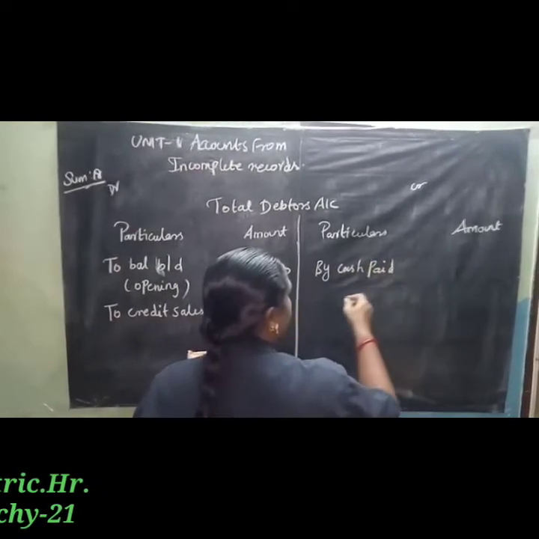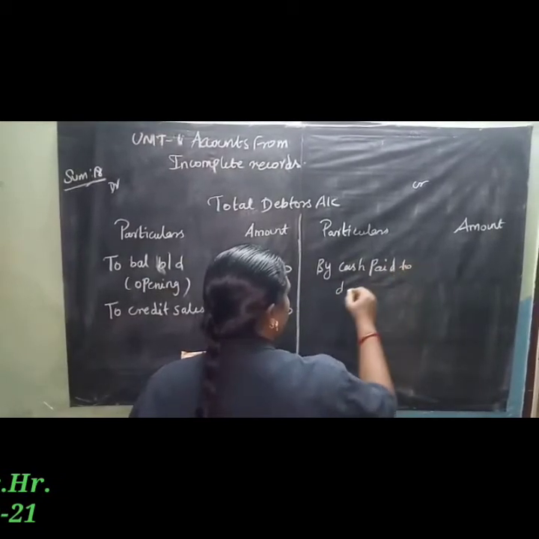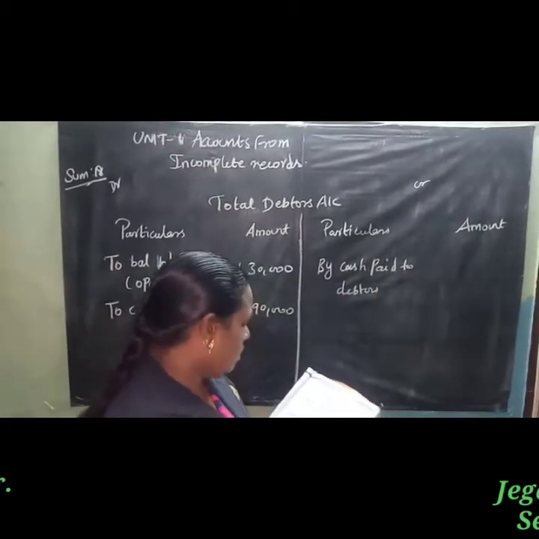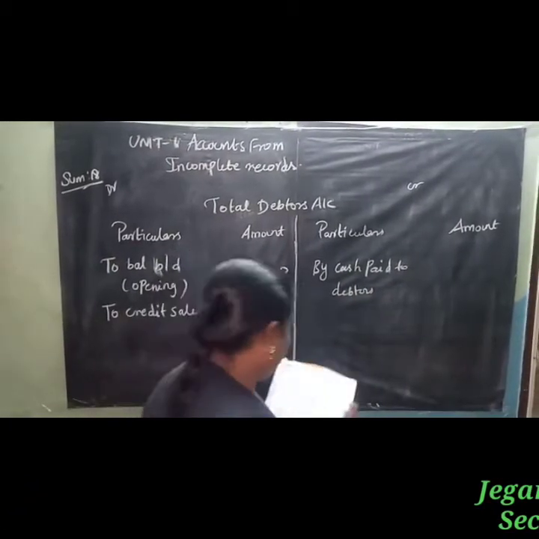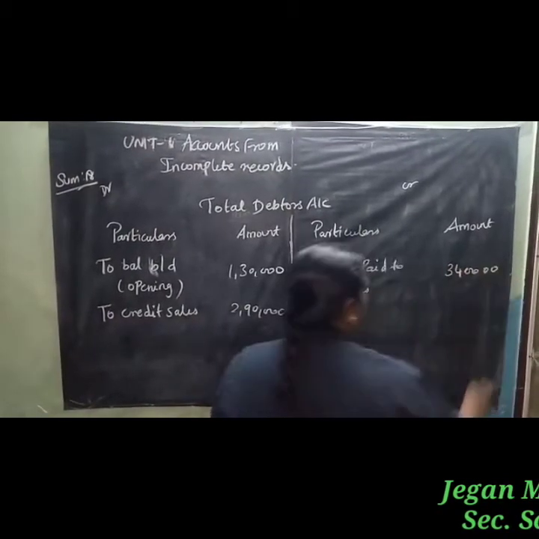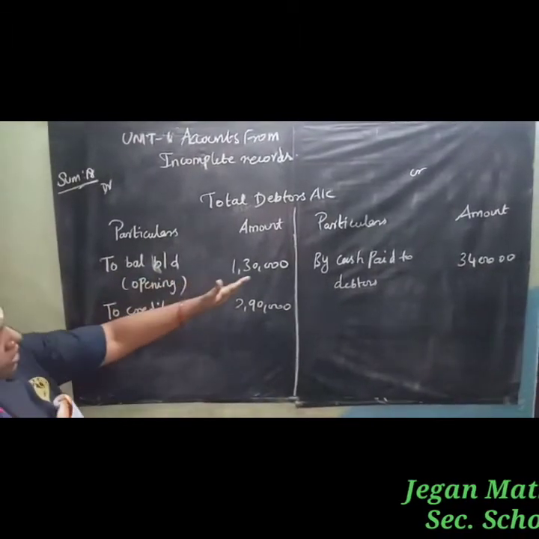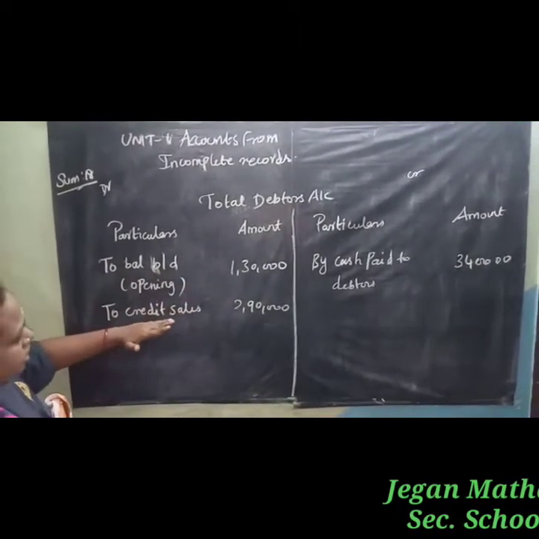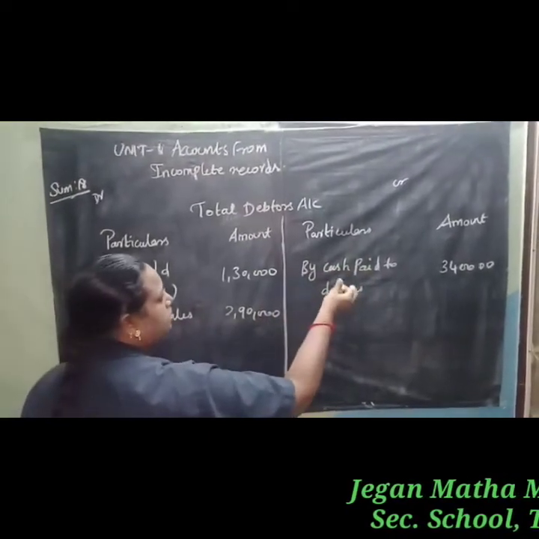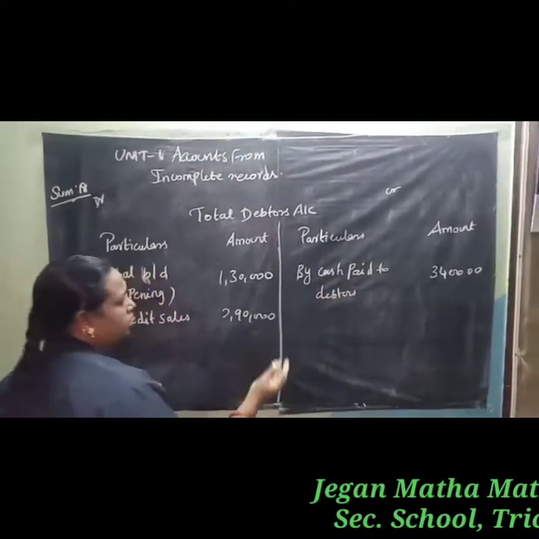The amount is given in the cash book, 3,40,000. So the debit side has opening balance 1,30,000 and credit sales 2,90,000, and the credit side has cash received 3,40,000.